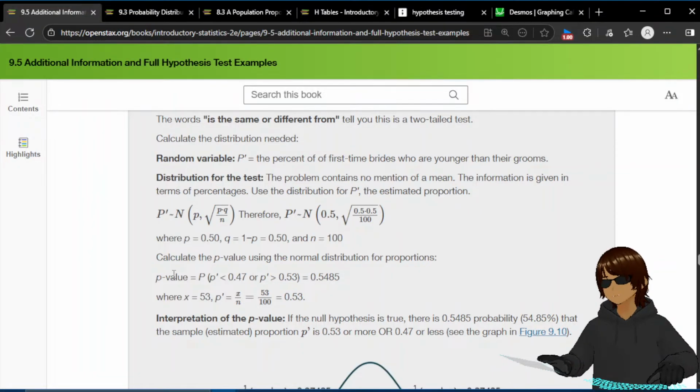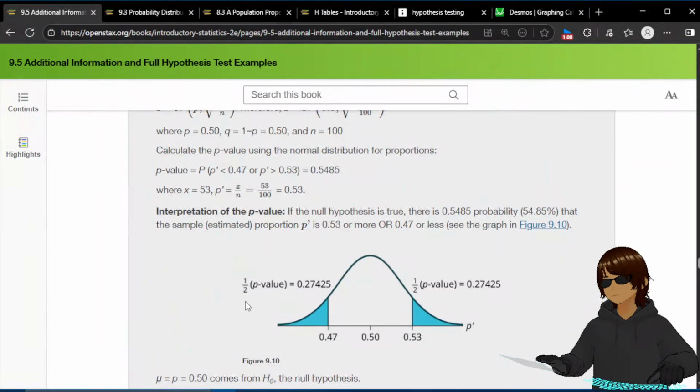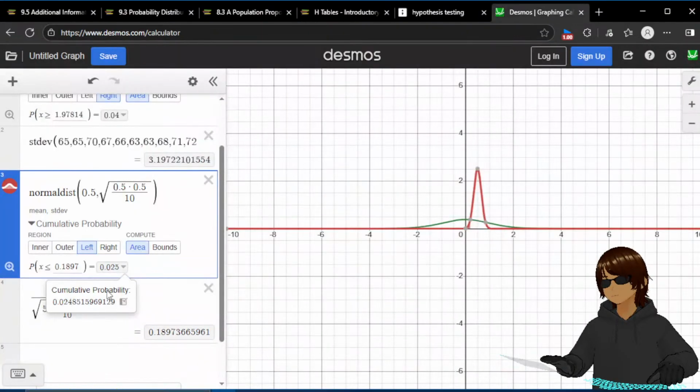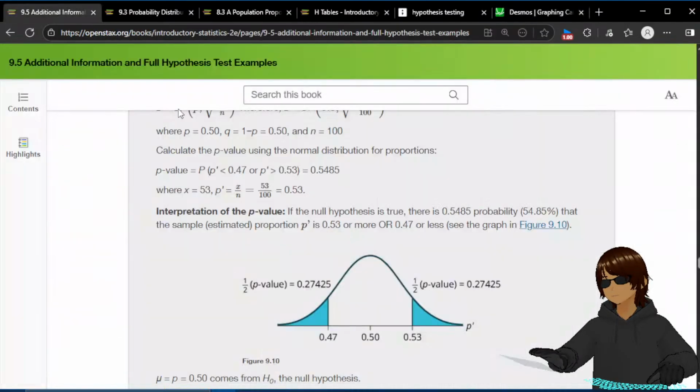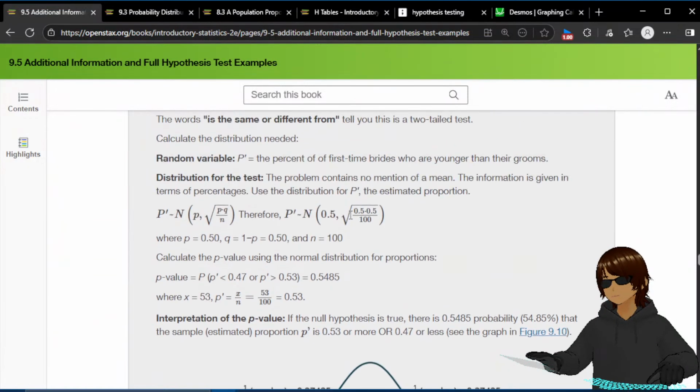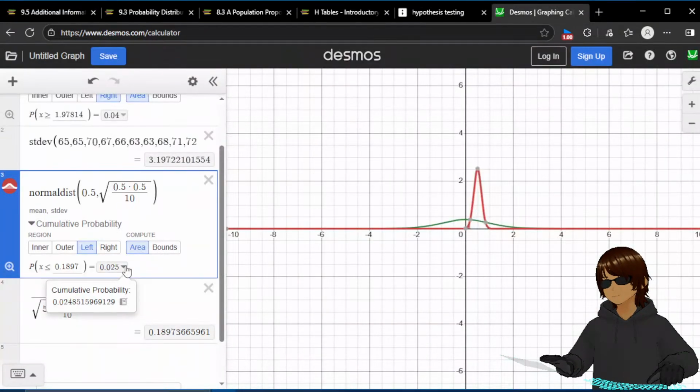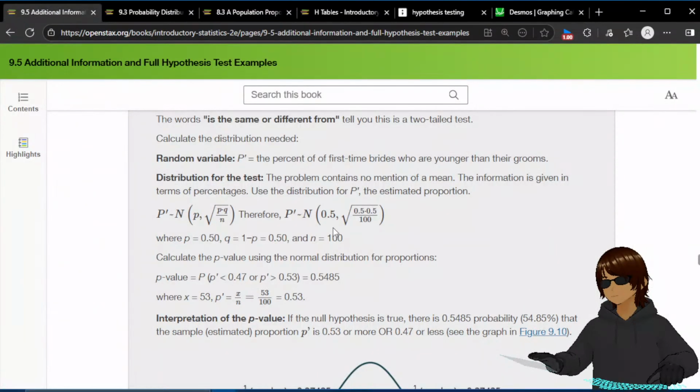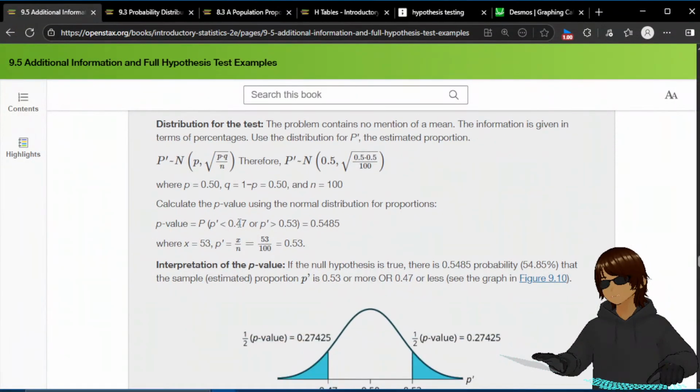The p-value that they calculated was 0.274. Yeah, I don't understand what they did. Having it less than 0.47 or more than 0.53, 0.5485.